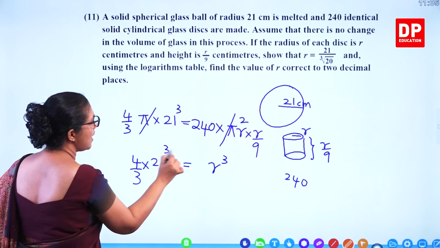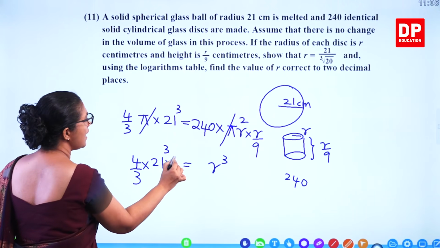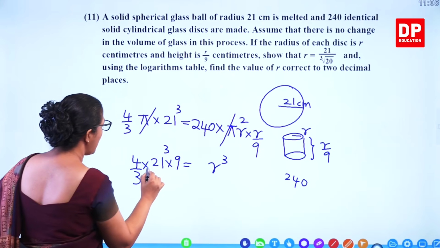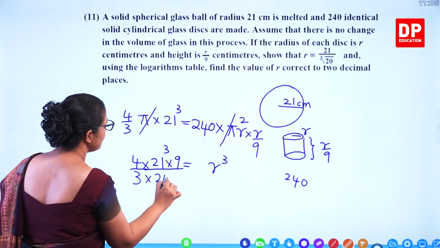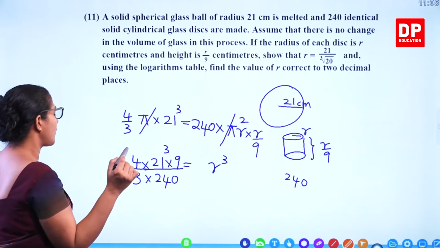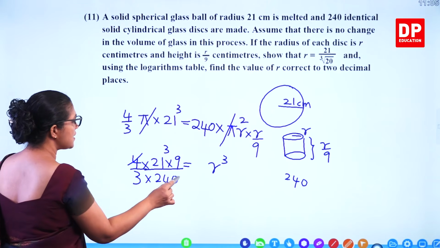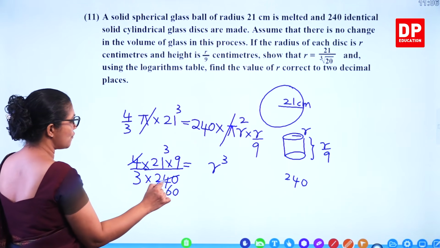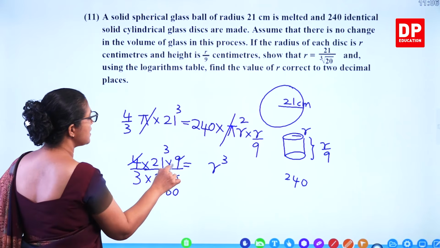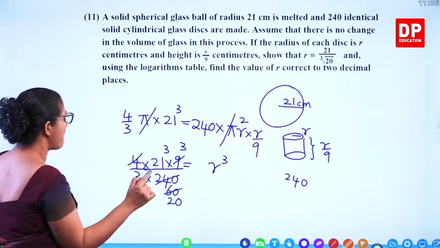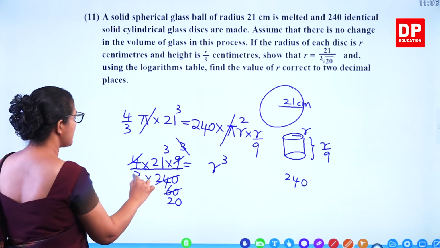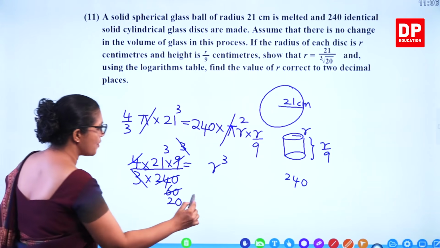21 cube is there. You multiply by 9 and divide by 240. So you get 4 times 6, 24. That's 60. 3 times 3, 3 times 20. And this 3 gets cancelled out. So what's remaining?